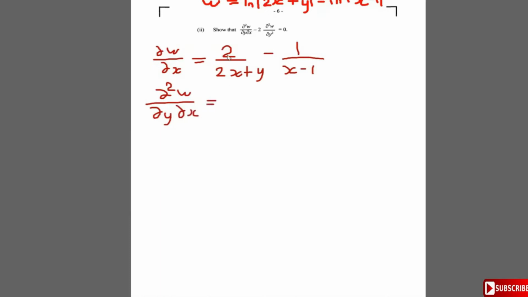Differentiating this with respect to y, using the quotient rule, we start with the bottom times the differential of the top, 0, minus the top, 2, times the differential of the bottom, which is 1, over the bottom squared, 2x plus y all squared.